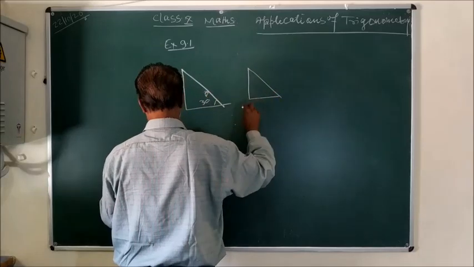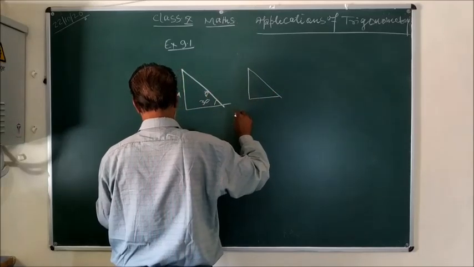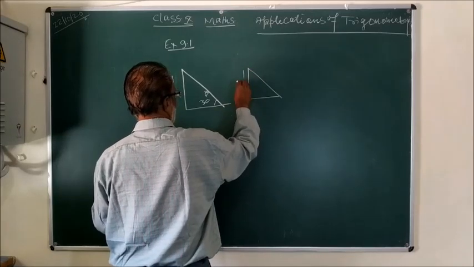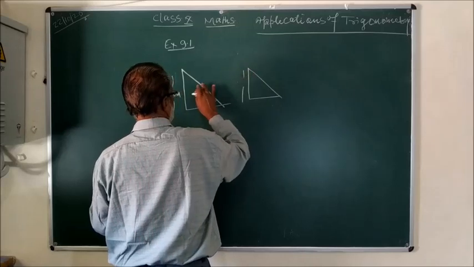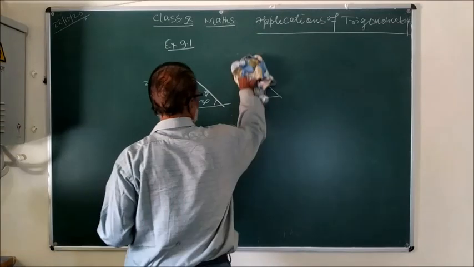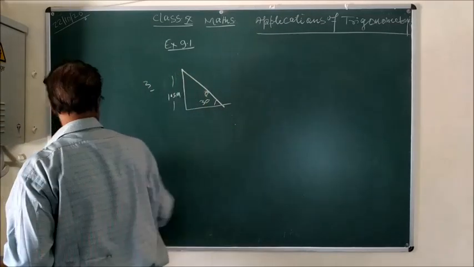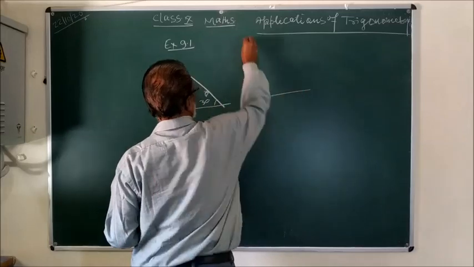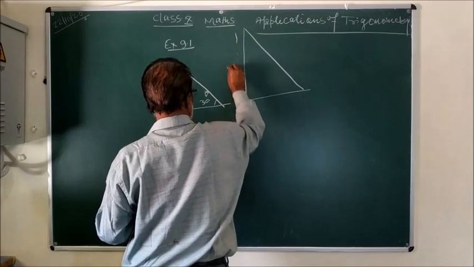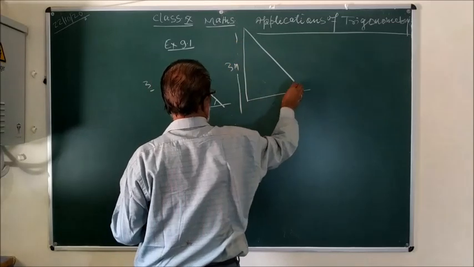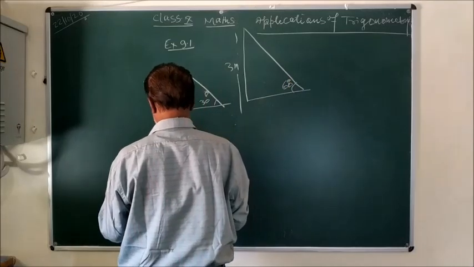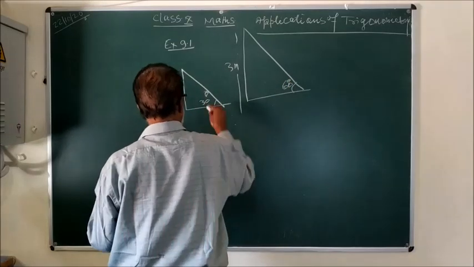And this is for the junior student, where the height is 3 meters. So here we have 2 figures. One where the height is 1.5 meters and the angle is 30 degrees, and the other where the height is 3 meters and the angle is 60 degrees. Now you have to find what should be the length of the slide.